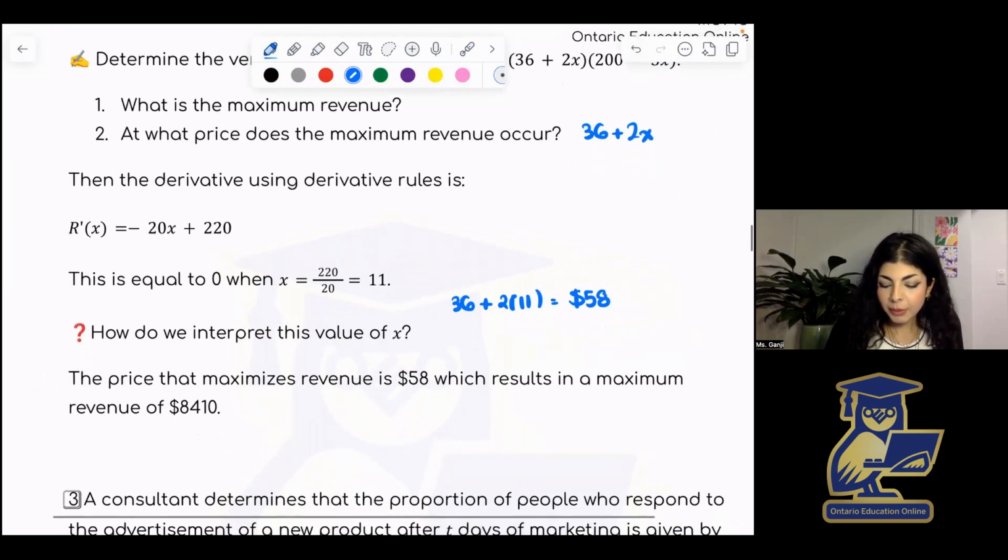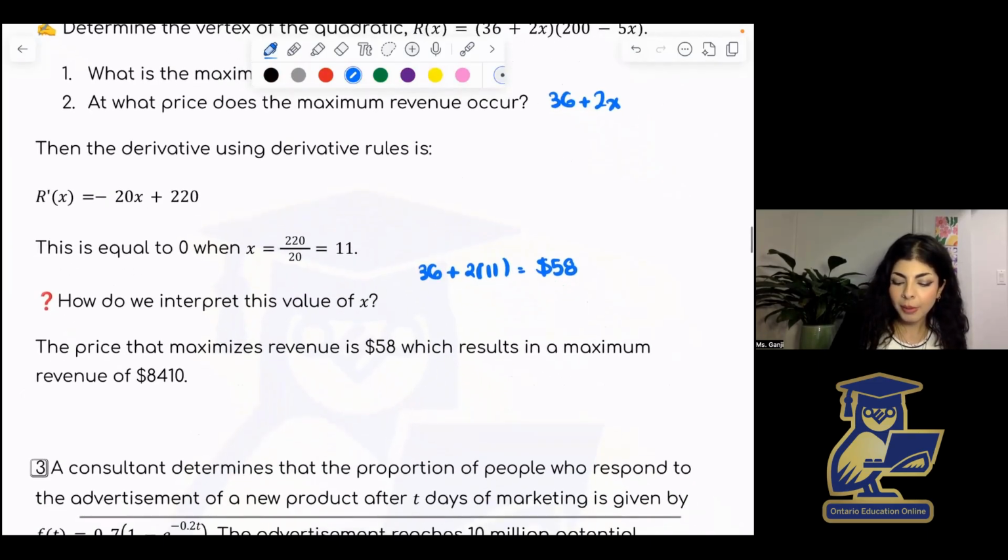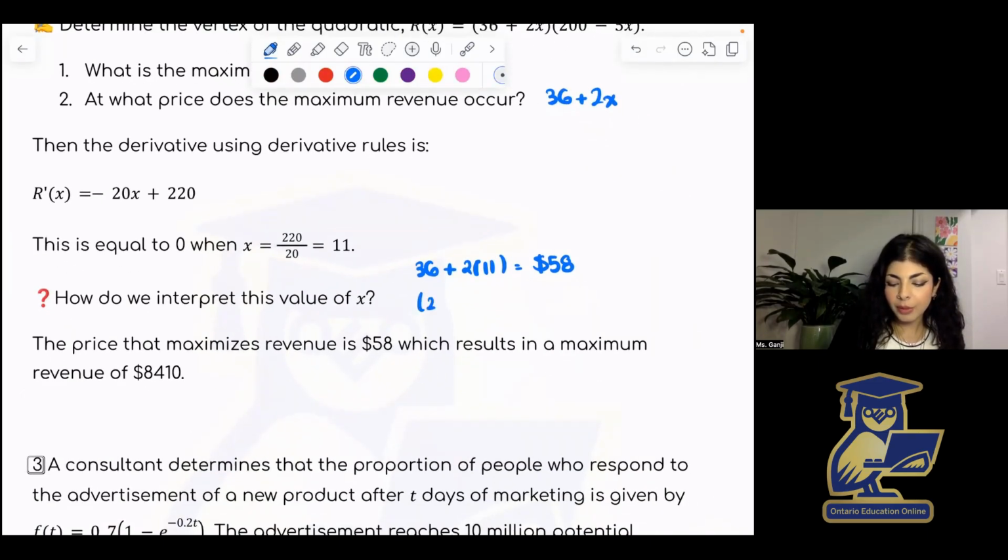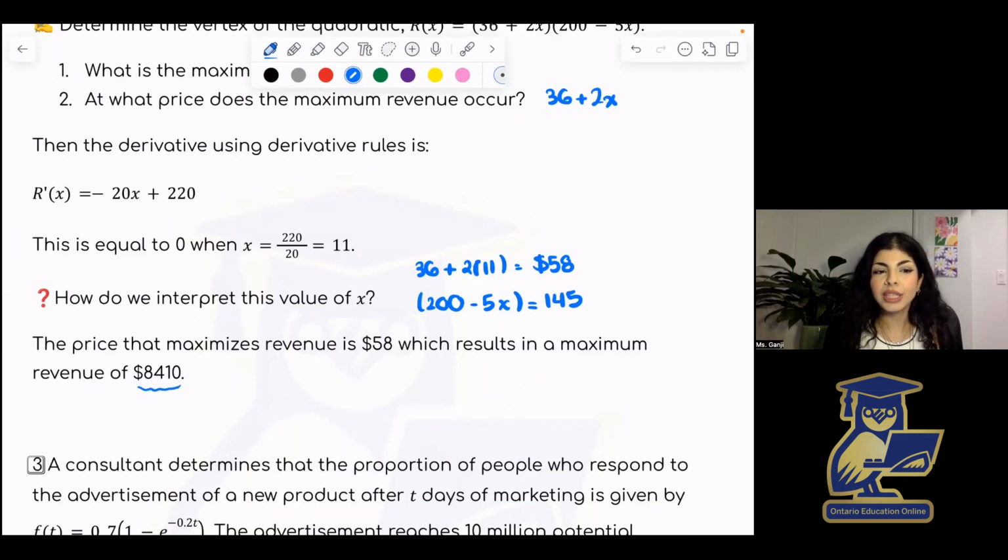And the maximum revenue, how we find that, remember we have to find the number of cars rented, which is 200 minus 5x. And in this case, it's 55, so we have 145. And you can double check here that 145 times 58 will give you $8,410, which is the maximum revenue.